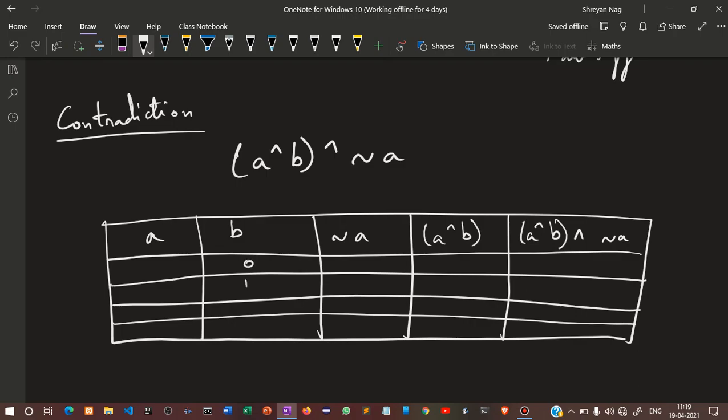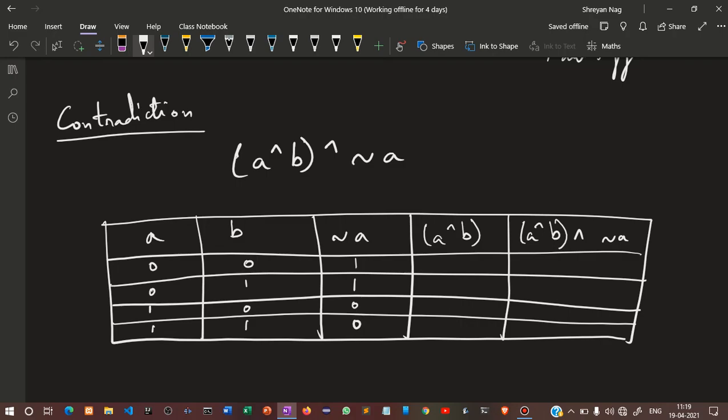This will be 0 1 0 1, 0 0 1 1. The negation of A is what? 0 will become 1, 0 will become 1, 1 will become 0, and 1 will become 0.